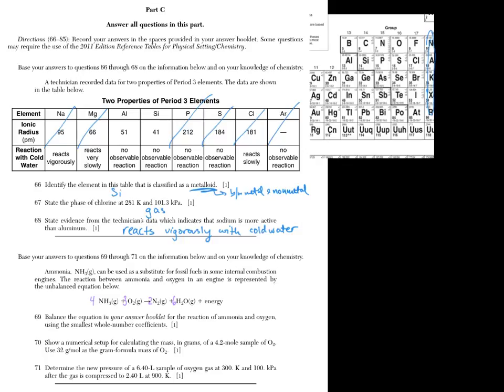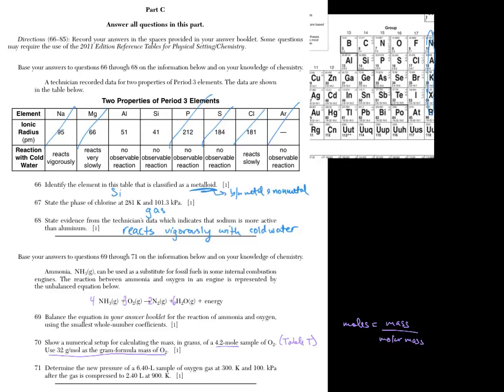Number 70 now is asking for a numerical setup for calculating the mass in grams of a 4.2 mole sample of O2. And we have to use this as our gram formula mass of O2. So we have to figure out the mass given moles and gram formula mass. There is an equation on Table T for this, where moles equals mass over molar mass, or gram formula mass.